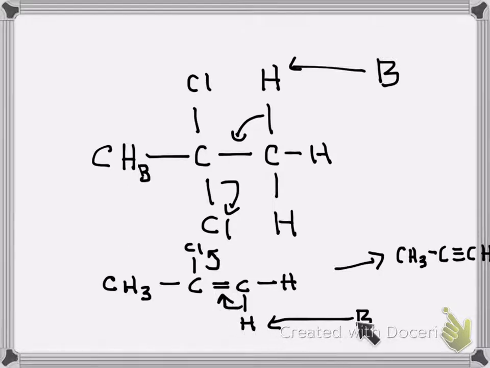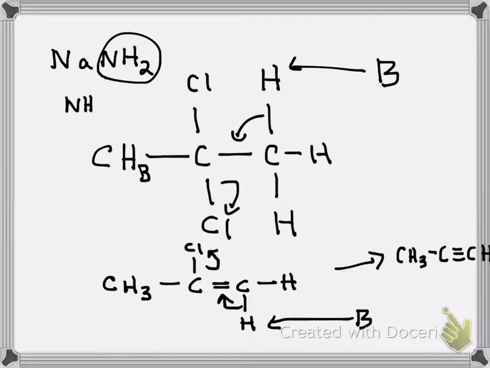So as a result, using something like sodium hydroxide or ethoxide might work with this kind of arrangement, right, but you need a much stronger base in order to pull this one off. And so this is why we normally use, and this is what I talked about last time, sodium amide, or something like sodium amide, NaNH2, which really this part is what we're interested in, is NH2 minus. 2 pairs of electrons.